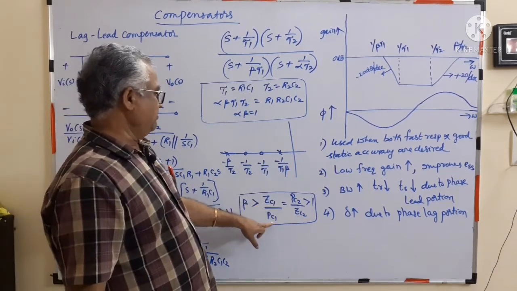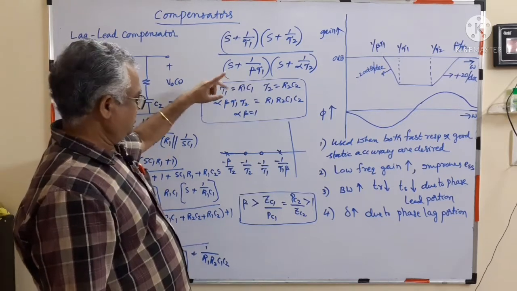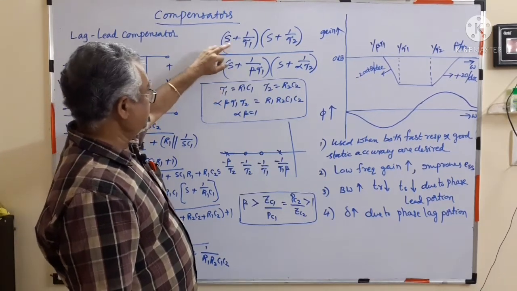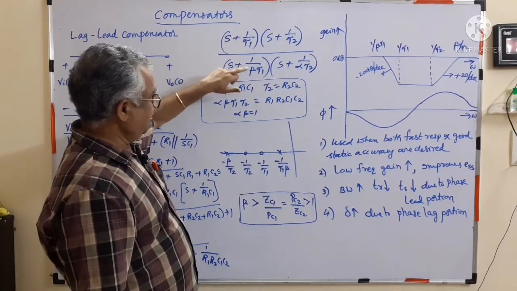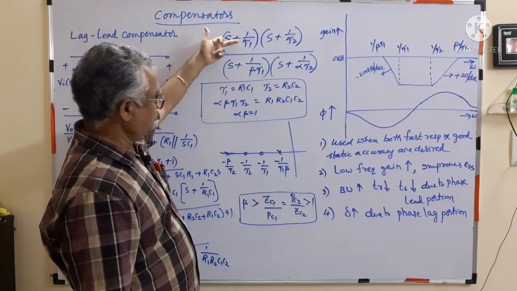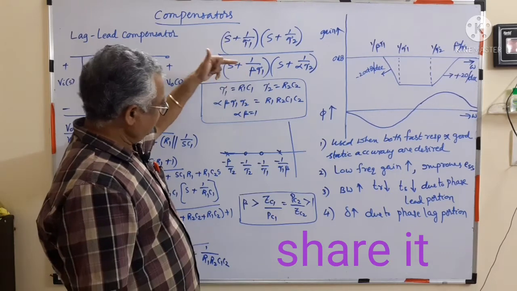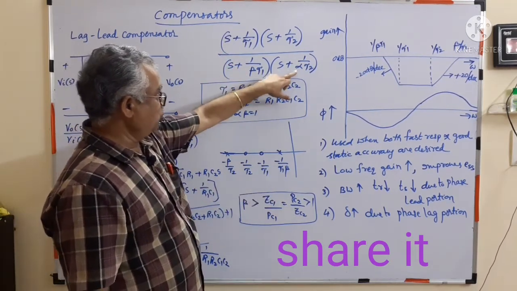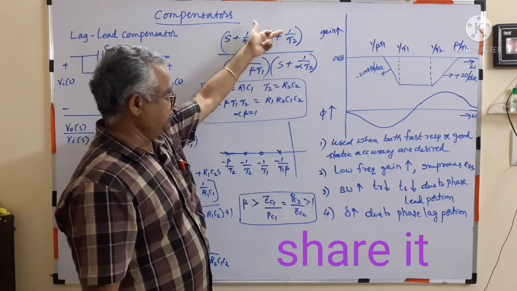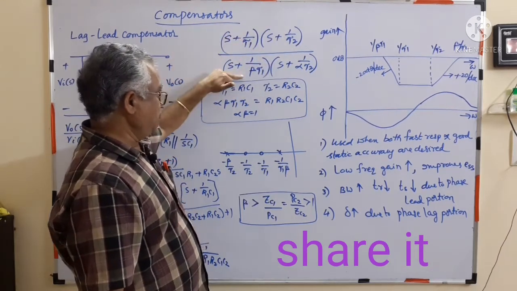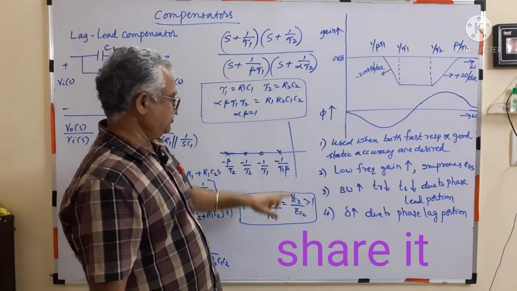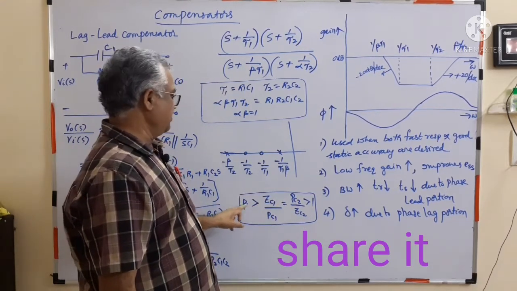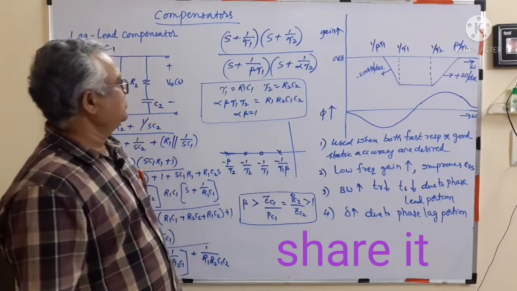So ZC1 by PC1, take this ratio, zero by pole, will be greater than 1 compulsorily. PC2 by ZC2, pole by zero. Here zero by pole, here pole by zero. This by this is greater than 1, and this by this is greater than 1, because beta is greater than 1.